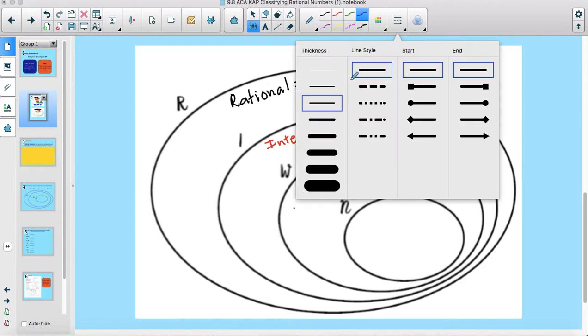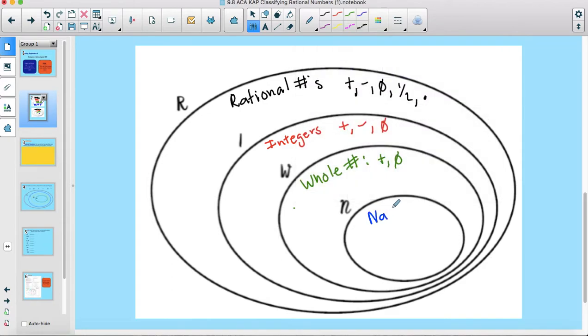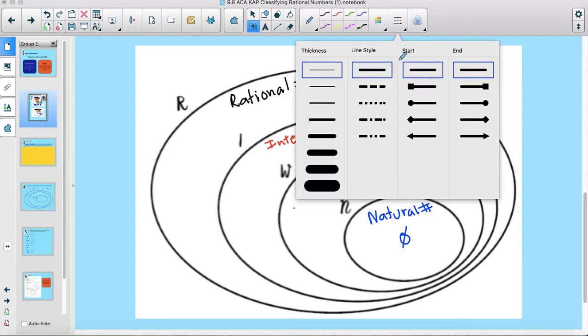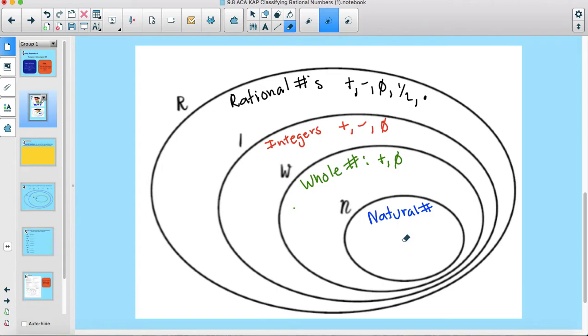And lastly, we have natural numbers, which is the smallest because it only includes positives. Natural numbers only include positive numbers.